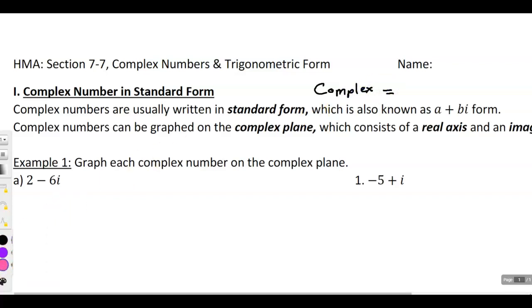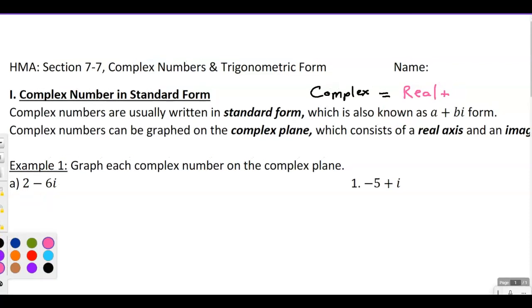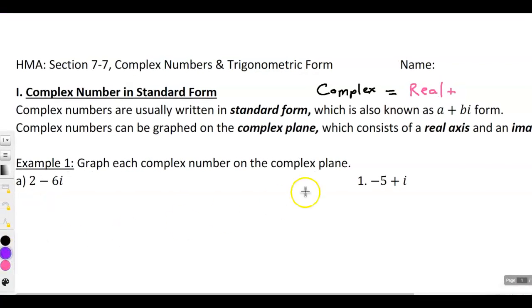They have a real part, a real number that is, and they have an imaginary part. So the imaginary part, the i part, is really just a subset of a complex number system, which consists of a combination of a real number and an imaginary number.